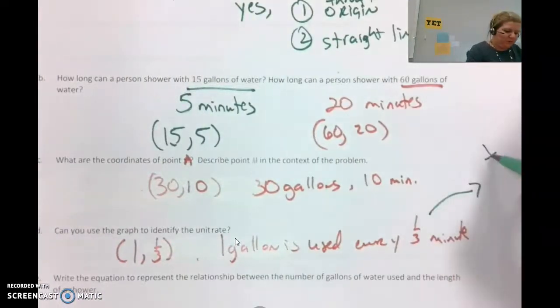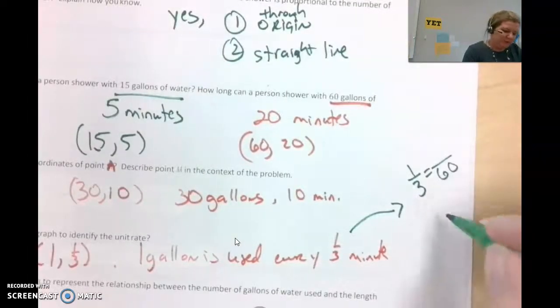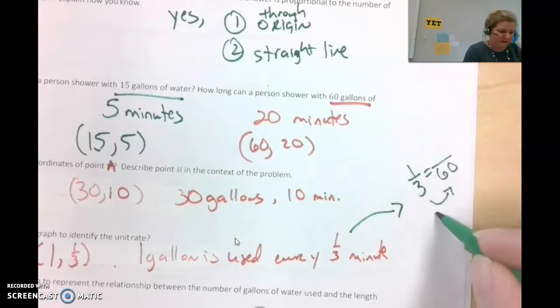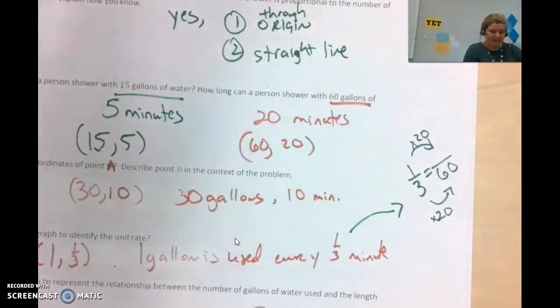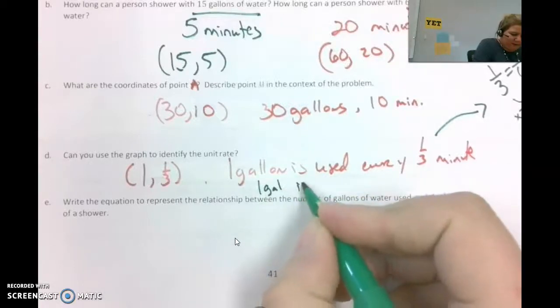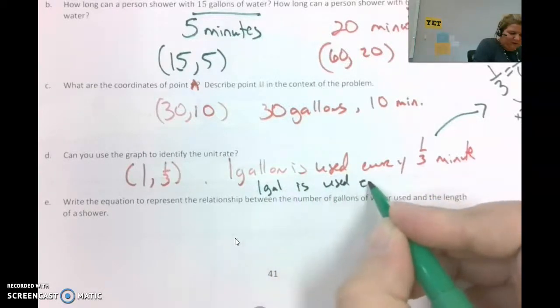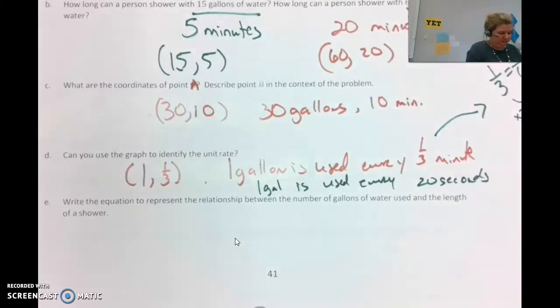So 1/3 of a minute would be how many seconds? To go from 3 to 60, that's times 20. So that would be 20 seconds. Okay. So we're talking about 1 gallon of water being used every 20 seconds.